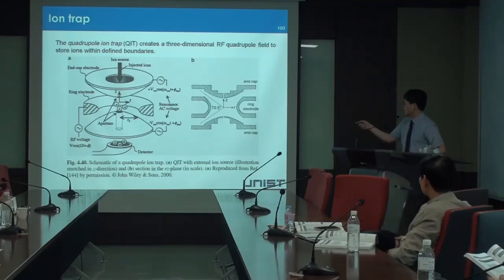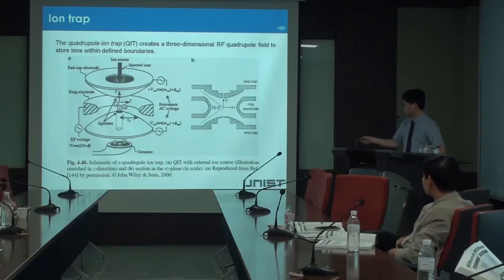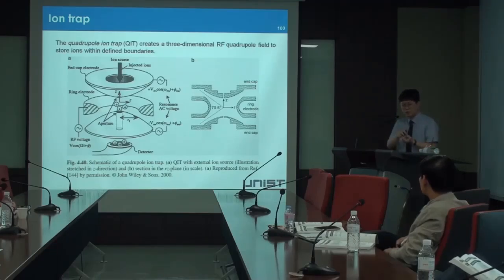Ion molecules enter into this space, and then there's electron impact, and then some ions are ejected to the outside, but our target ions remain in this trap, and then they enter into the detector. This is a kind of small-scale 3D quadrupole. The principle is very similar.